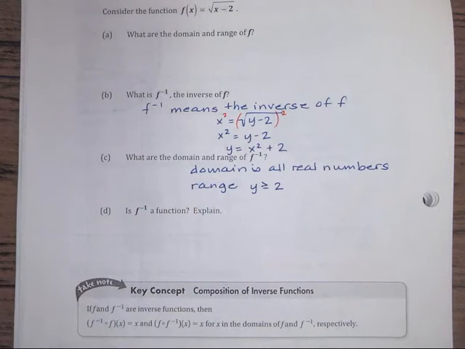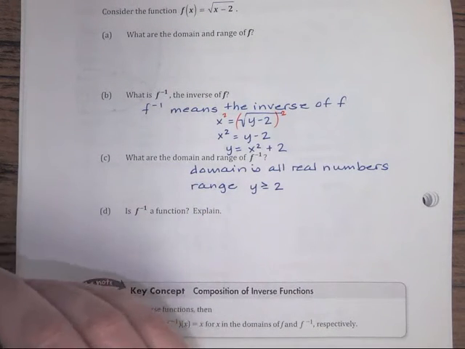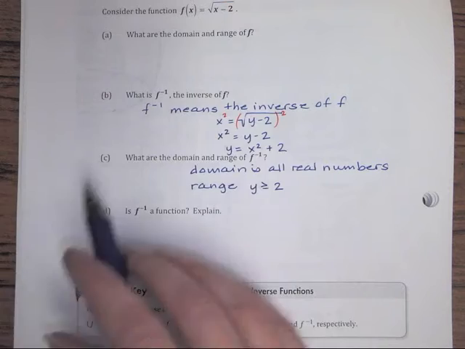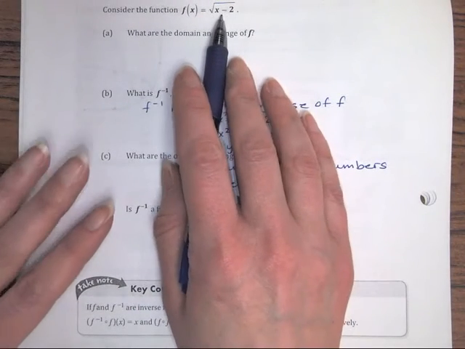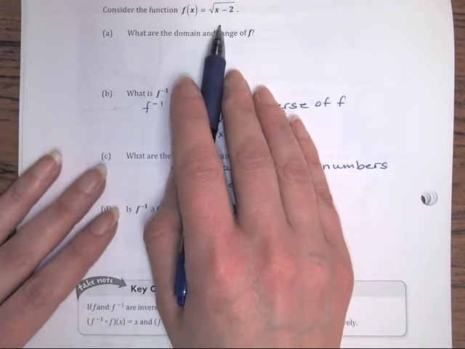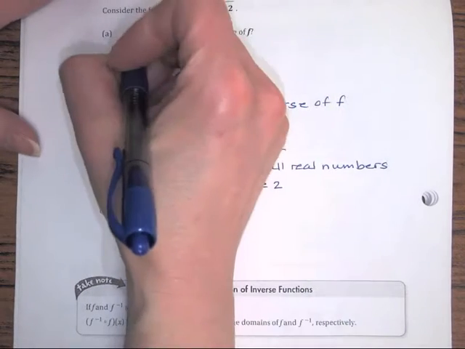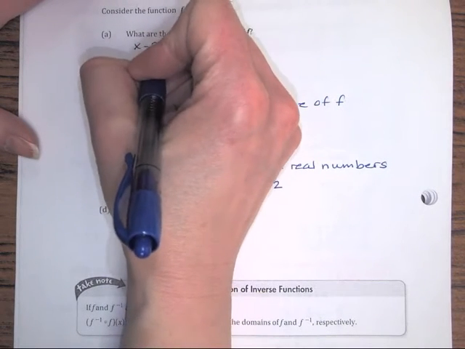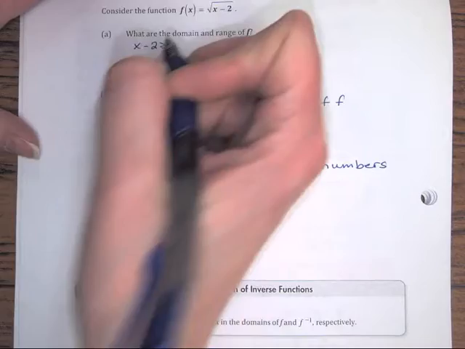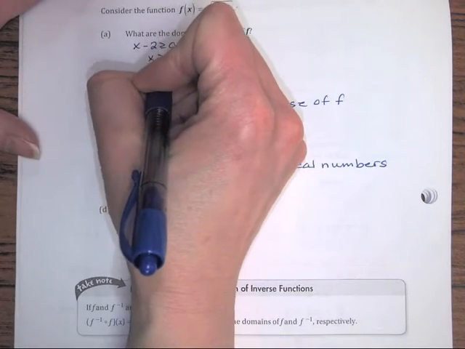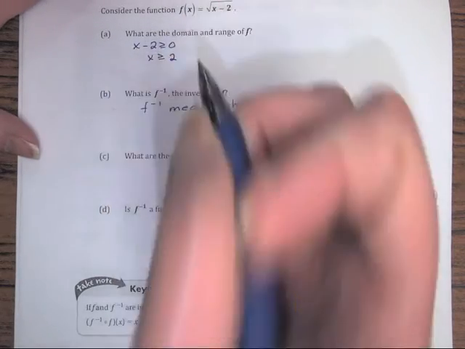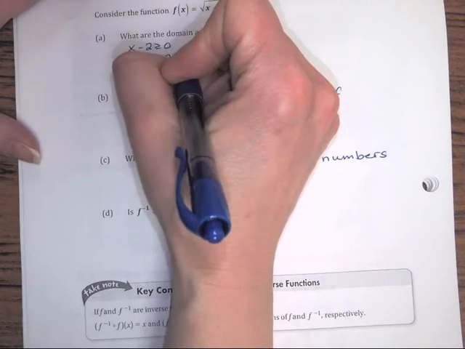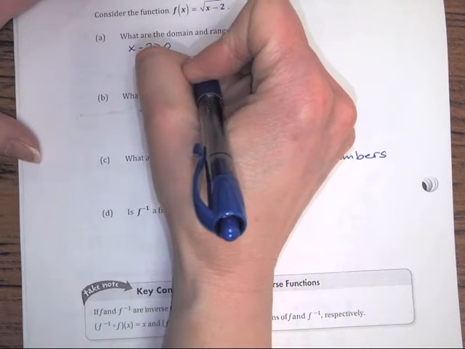So first, let me tell you a little trick about these wonderful radical functions. You can't have a negative under here, can you? You wouldn't think so. So x minus 2 has to be greater than or equal to 0, which means x is greater than or equal to 2, right? And x is our domain.